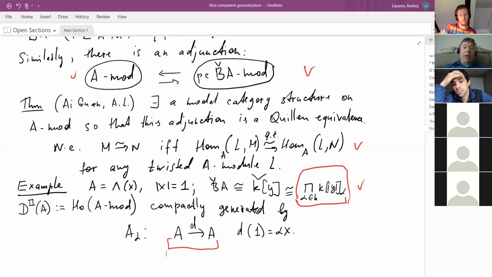Now, back to your question. When you have a space and you take its based loop space and then you have chains, then as far as I know, it's only defined up to quasi-isomorphism. But you can consider the stronger weak equivalence class of the singular chains on the based loop space under this stronger notion of equivalence.